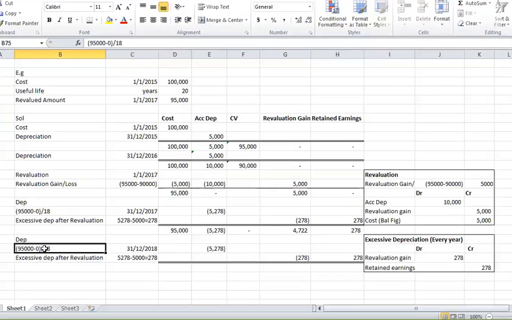So what is the revalued amount? 95,000 divided by the remaining life at the time of revaluation. What was the remaining life of the asset at the time of the revaluation? It was 18 years. So the depreciation is 5278.